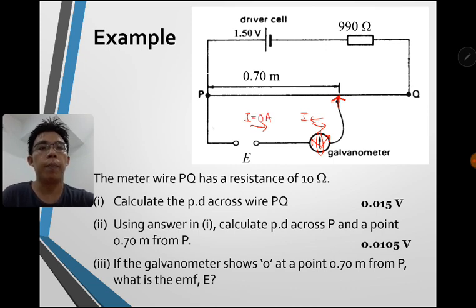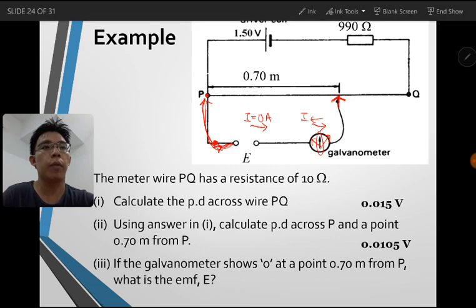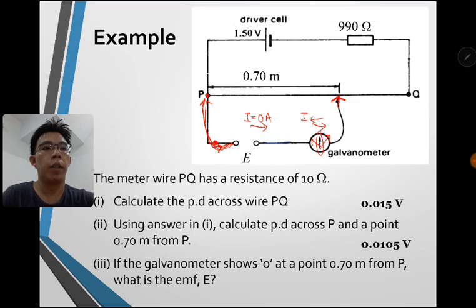What it means is that the PD across the whole thing here, this connected wire until the terminal of this battery, they are the same value. This part of it has the same potential.